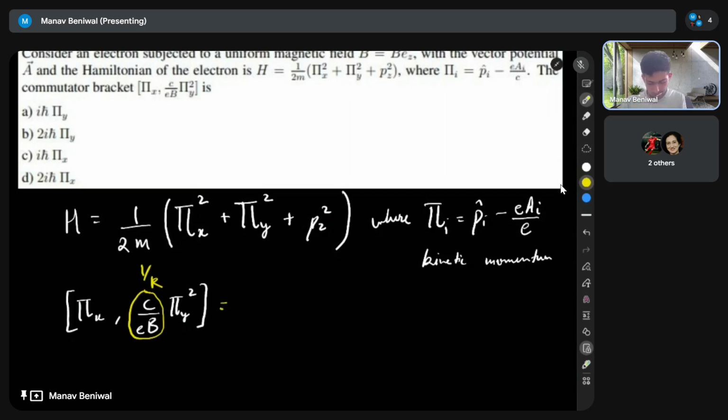So this becomes 1 over k commutator pi y and then pi x comma pi y plus pi x comma pi y and pi y.